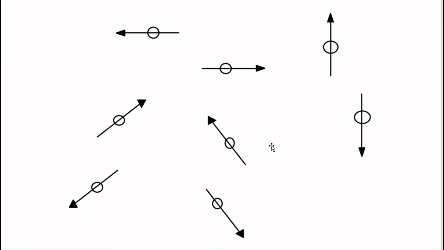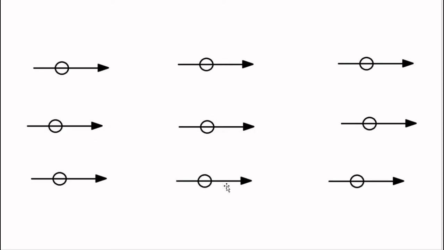But when it is placed in an external magnetic field, they get aligned in one direction, the direction of the magnetic field. So the net resultant of all these orbital magnetic dipole moments, because of the orbiting electrons, constitutes a non-zero dipole moment.